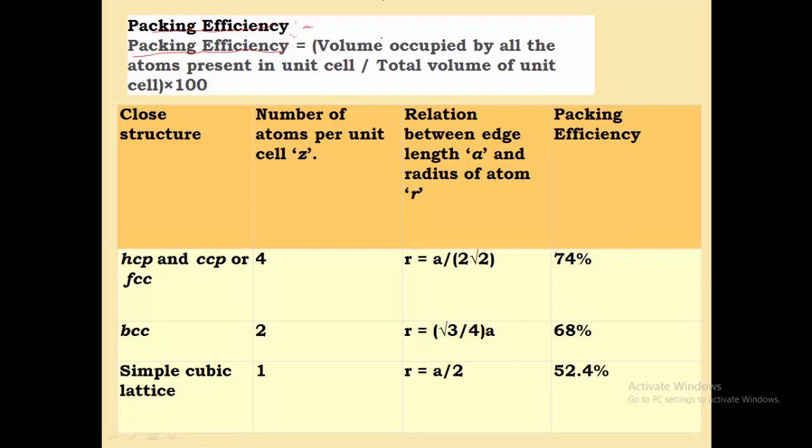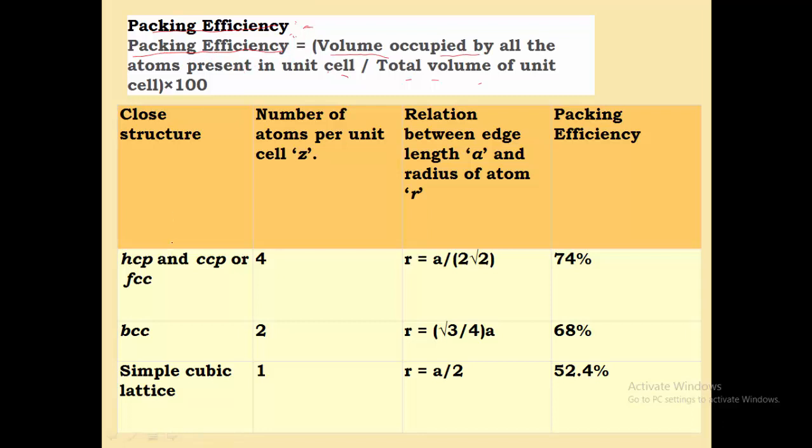It is simply the ratio of volume occupied by all the atoms present in the unit cell divided by total volume of unit cell, into 100. If you use this formula, you can easily get the packing efficiency of a given crystal system.